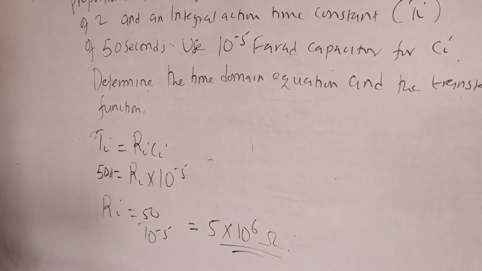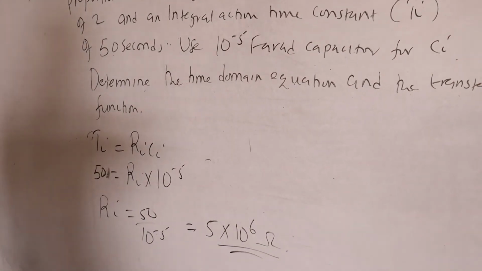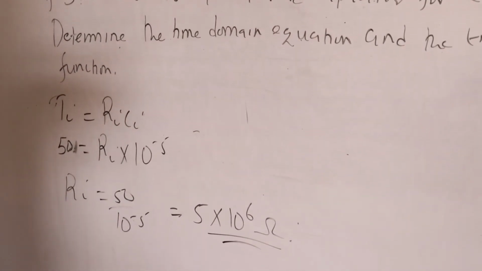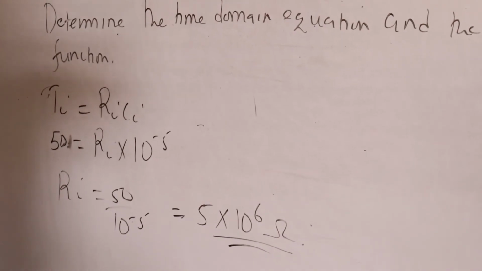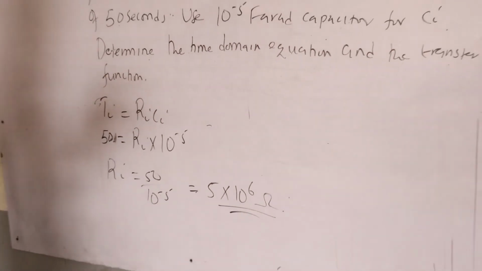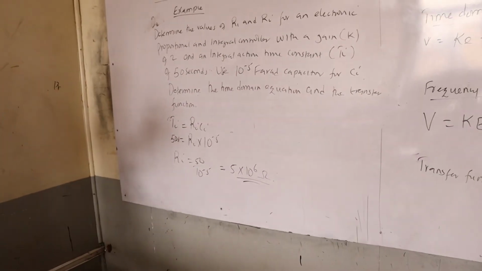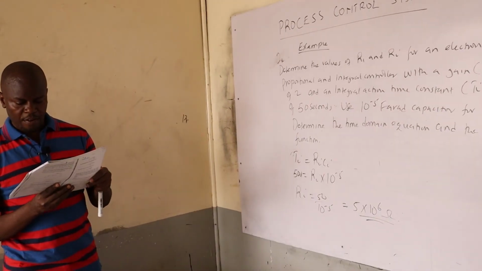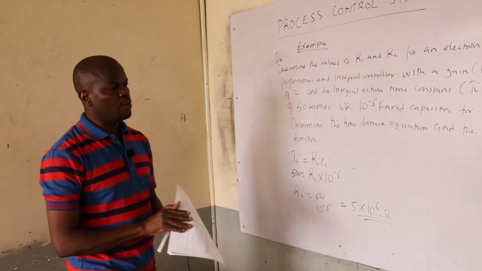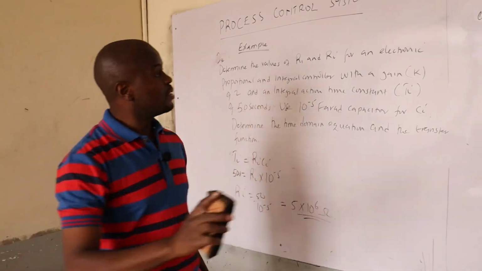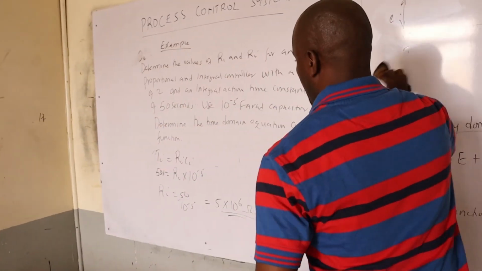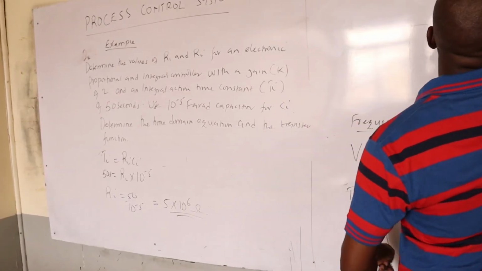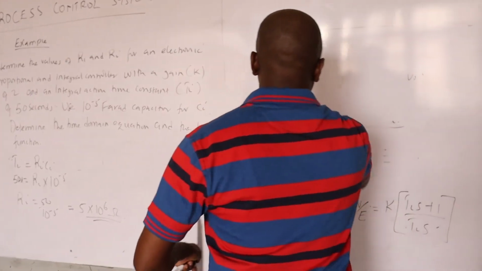After obtaining the value of Ri, we can use the other equations to obtain the other R. From the equations we talked about, K is given by Ri over R1. Since we've already obtained Ri, we can use that to get R1.